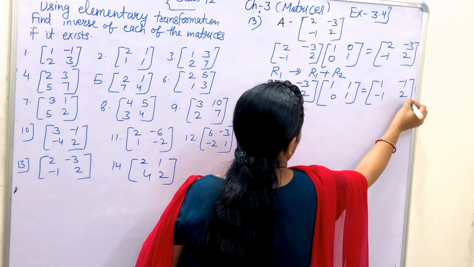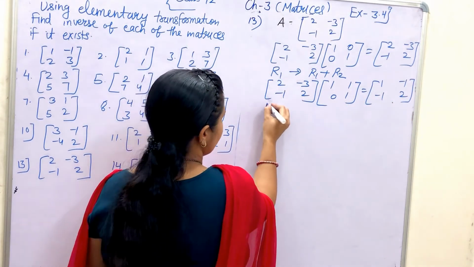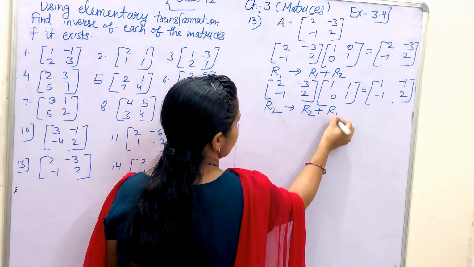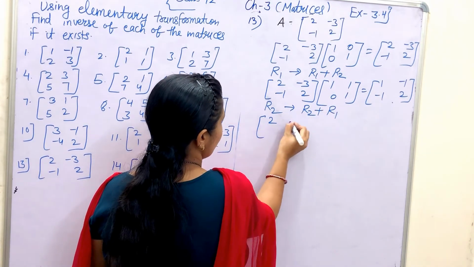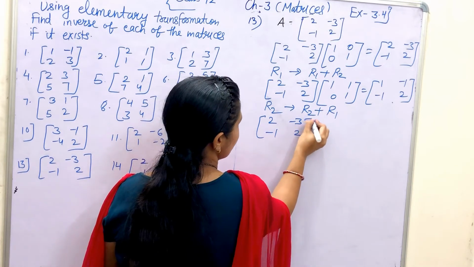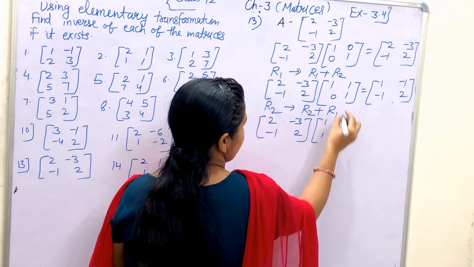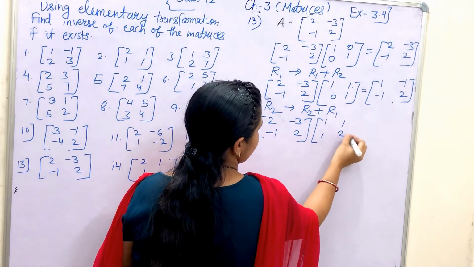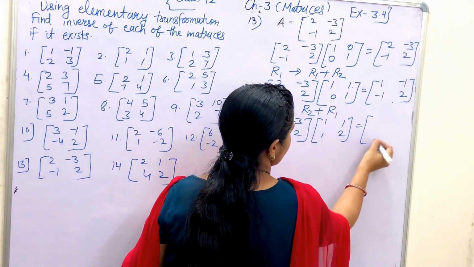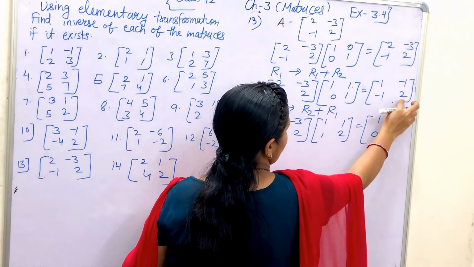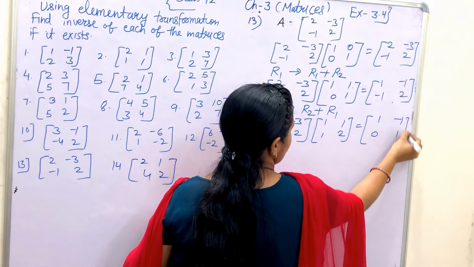Now applying on R2 row, R2 plus R1. 1 and 1 plus 1, that is 2. Here we see minus 1 plus 1, that is 0, 2 minus 1, that is 1.